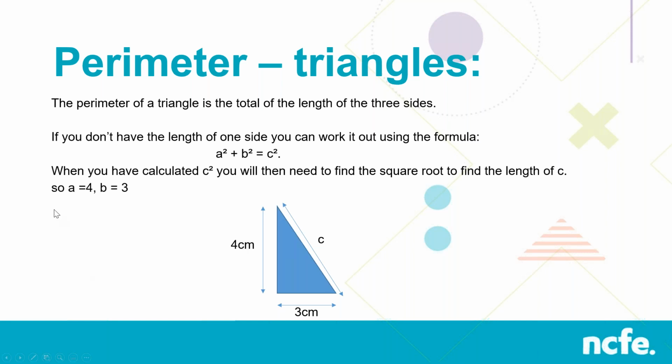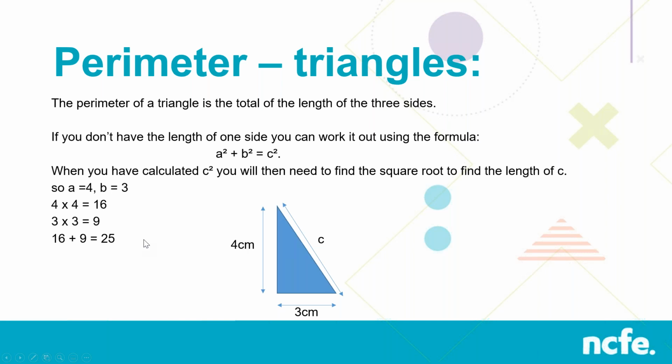In this particular example, a is 4, b is 3, or it could just as easily be a is 3 and b is 4. It wouldn't make a difference to the calculation. So 4 squared is 16. 3 squared is 9. Add those together, we get 25.